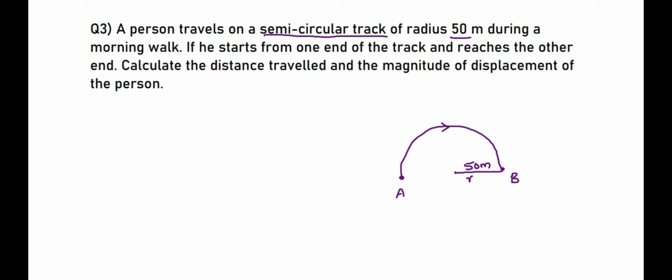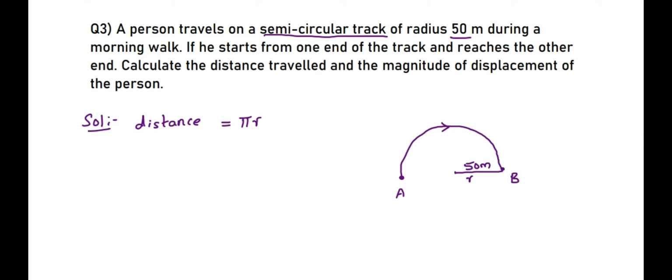Then, what is the distance traveled? Here distance traveled is nothing but the length of the path traveled by this, which is the length of the semicircular track. So what is the formula for this? Pi r.